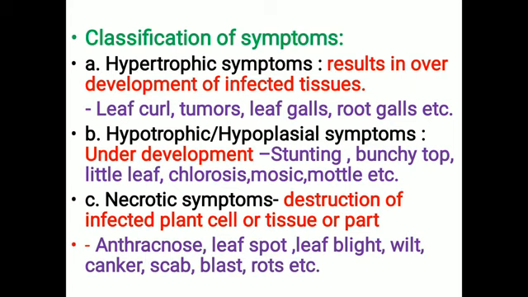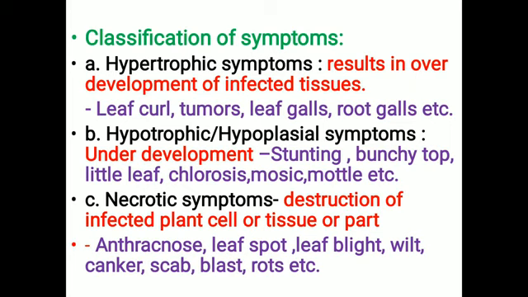For example, leaf curl, tumors, leaf galls or root galls are the best examples of hypertrophic symptoms, because of excessive growth, as galls mean excessive tumor-like growth on the roots. So in the next slide we discuss the hypertrophic symptoms again. Next one, hypotrophic symptoms or hypoplasial symptoms.